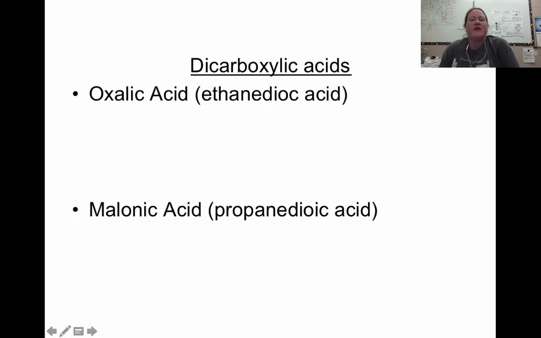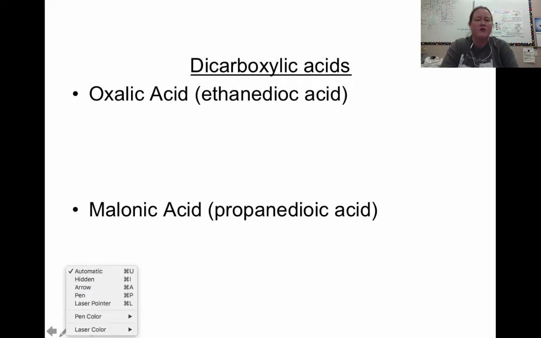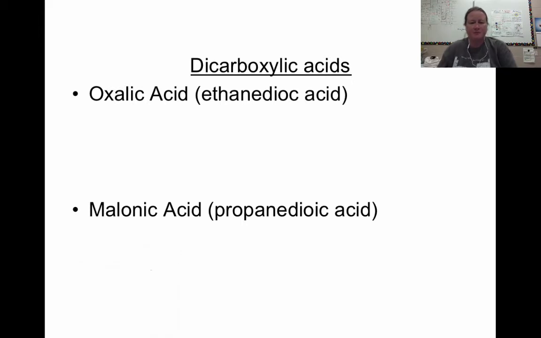Sometimes we can have carboxylic acids with 2 ends. So these are dicarboxylic acids. I'll just kind of back up a little bit. Right now I'm talking about dicarboxylic acids.